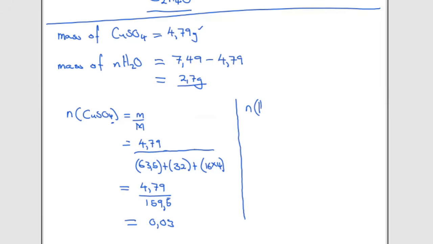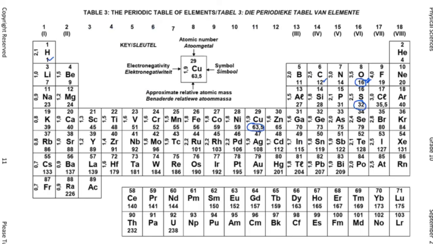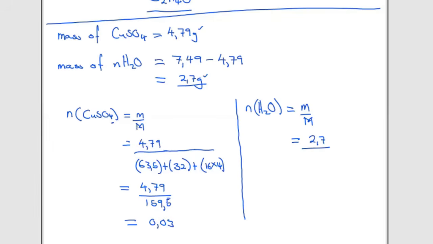But now we're also going to calculate the number of moles of H2O, which is our water, equivalent to mass over molar mass. The mass given for water is 2.7, so I'm going to say 2.7 all over the molar mass of H2O. To start with, hydrogen has a relative atomic mass of 1, so 1 multiplied by 2 because we have 2 hydrogens.